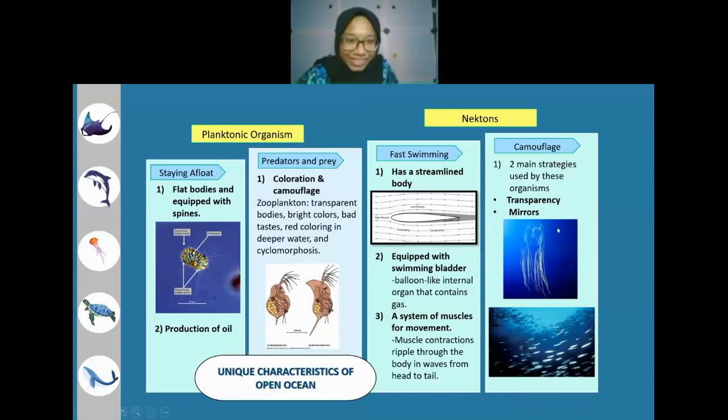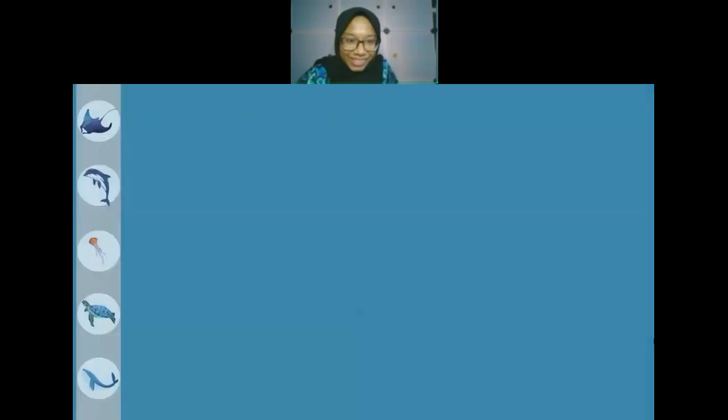As we can see here, the upper picture is a sea wasp that is transparent because it has a refractive index the same as the seawater, giving them almost perfect camouflage. So for organisms that are not able to achieve transparency, they can imitate it effectively by silvering to make an animal's body highly reflective, which is the mirroring strategy.